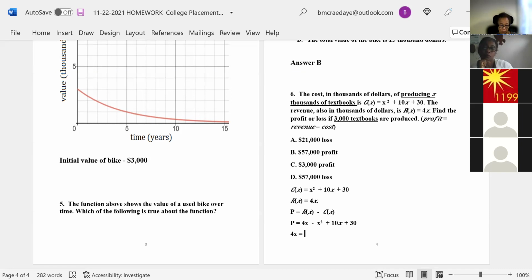So what would 4X be equal to? 12,000, right? So 4X would be 4 times 3,000. 4 times 3 is 12, and that's 12,000. That's your revenue. Okay. Now, what is your cost?